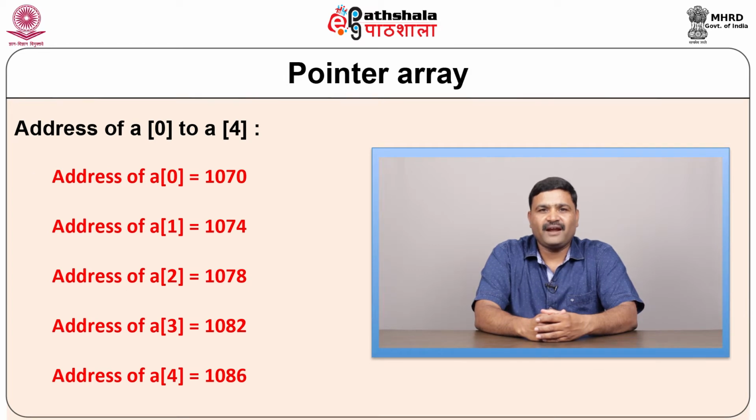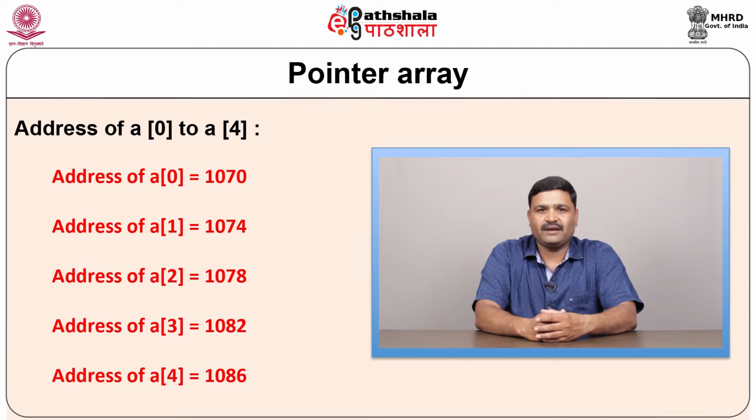Similarly, the memory address for the array can be calculated as follows. That is A[i] = A[i-1] plus size of data type. In this example, we are considering size as 4. Therefore, A0 equals 1070 is the initial address and A1 equals A0 plus 4.